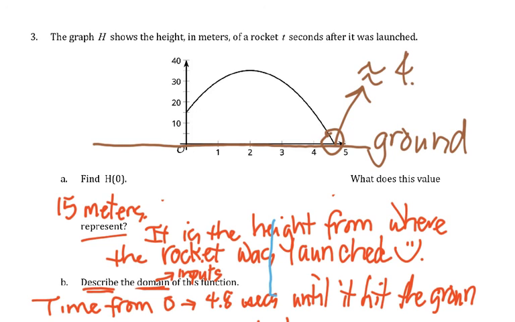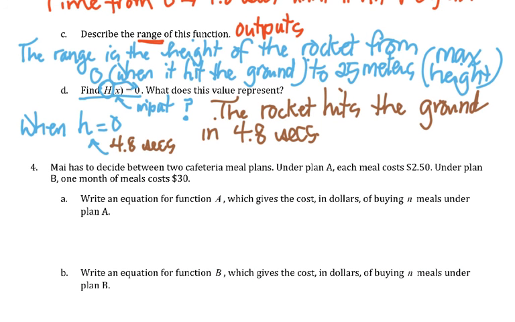Approximately 4.8 seconds. So remember, we're trying to find what x is. X was the input. And remember, I'm measuring my input in seconds. So basically, the rocket hits the ground in 4.8 seconds. All right, so this last piece was the rocket hits the ground in 4.8 seconds.